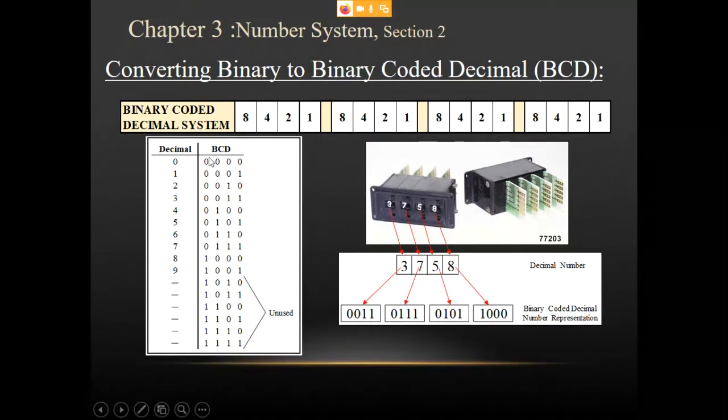It needs 4 bits, but it doesn't use those last 6 values, A through F. It only uses values 0 through 9, but it requires 4 bits to encode that, and that's why they call it binary coded decimal. It's truly not a separate numbering system. It's just a representation of decimal values using 4 bits inside the computer.